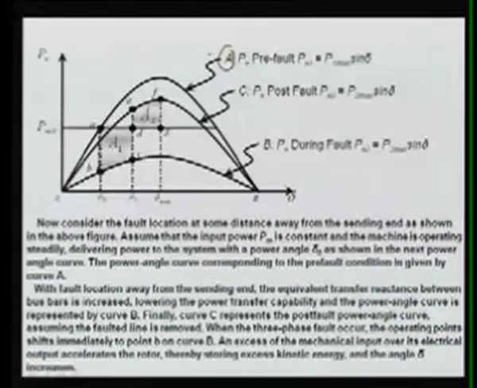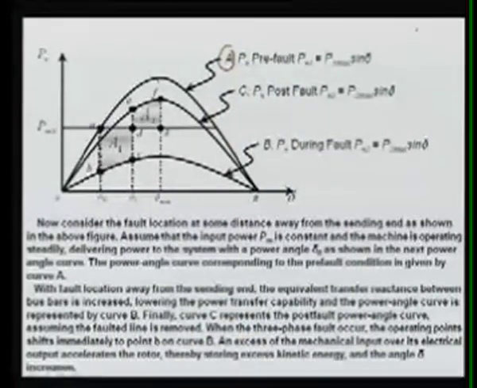Means where all the impedances are intact, where X is your Xd' plus XT plus the parallel impedance of the 2 lines. Since impedance is less in that case, what is happening? This curve will be higher. Why? Again you remember this is your VE upon X', simply sin delta. If this value is small, then PE will be of larger magnitude. So it is the outer curve.